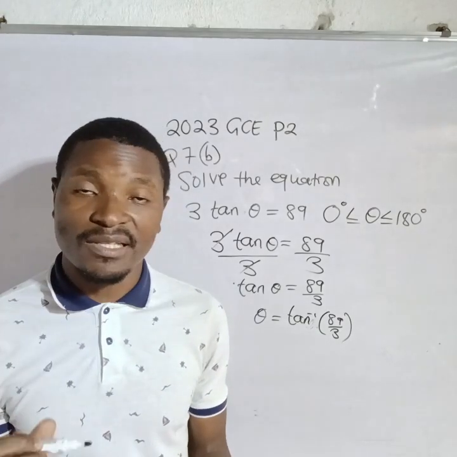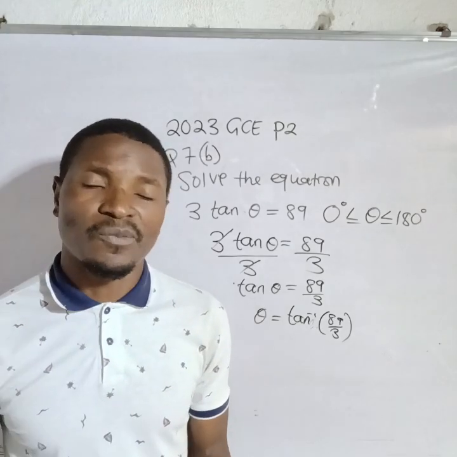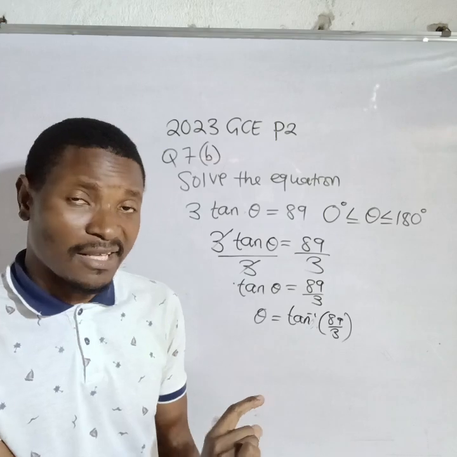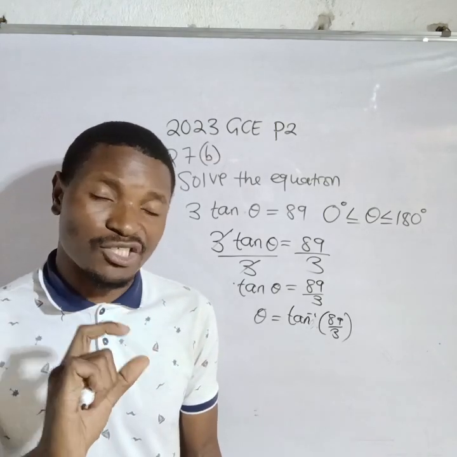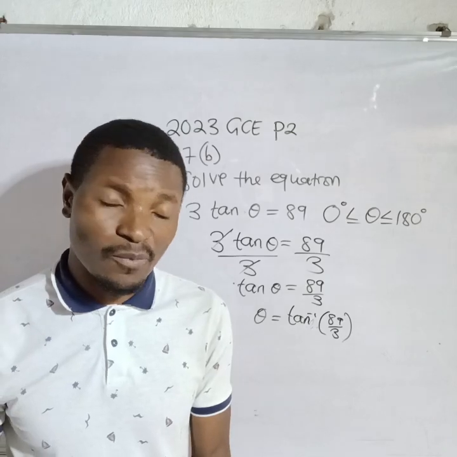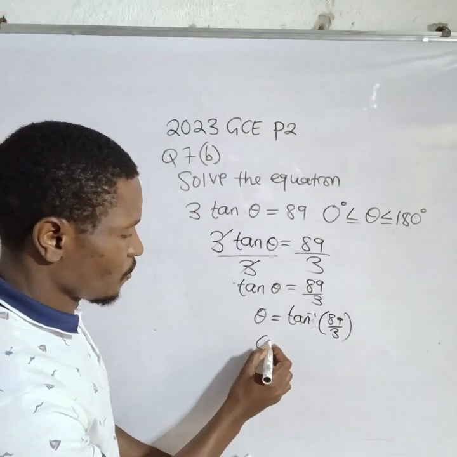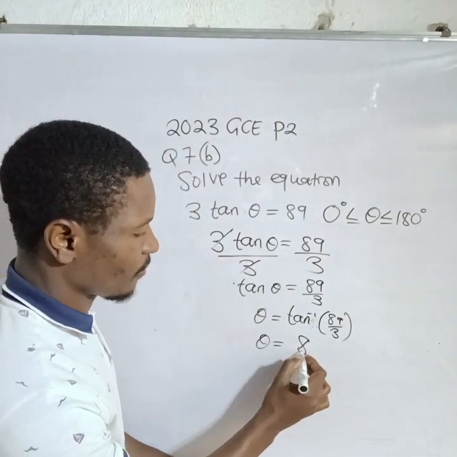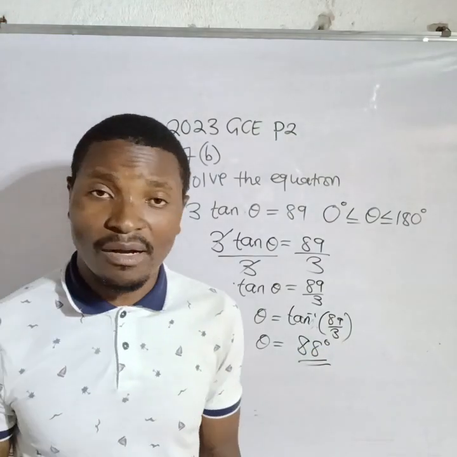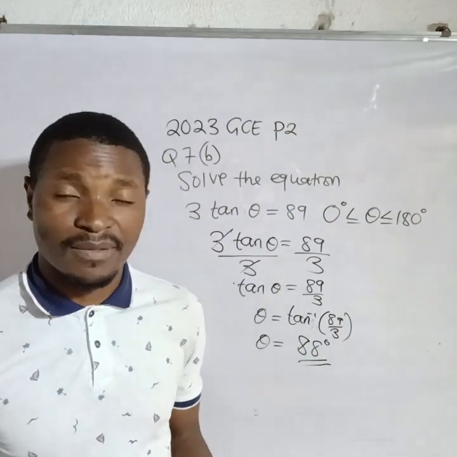You press shift, and then you press the trig function, which is tan, and then you see the negative 1 to the function tan. And then in the bracket you put 89 divided by 3. And then what you're going to have is 88 degrees.